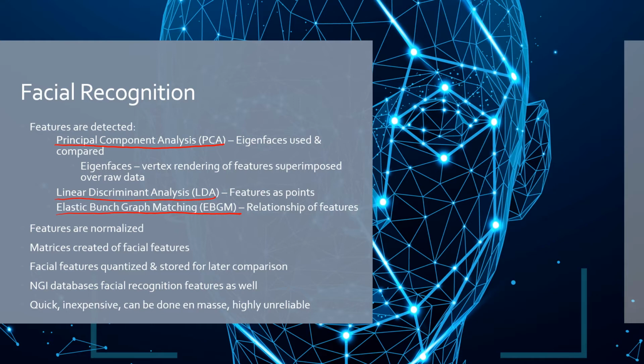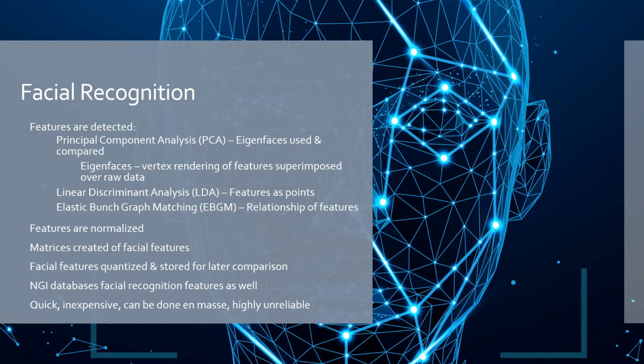It takes this vertex rendering of people's most important features, so really more like the bold lines in this picture back here, and then superimposes that data over raw faces for manual analysis later on. These images can be superimposed with one another to see if a captured image from one source matches a captured image from another source and deduce if that's the same person.